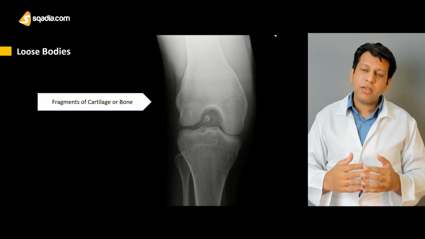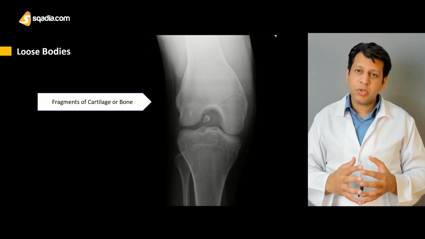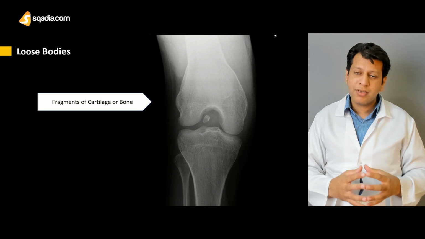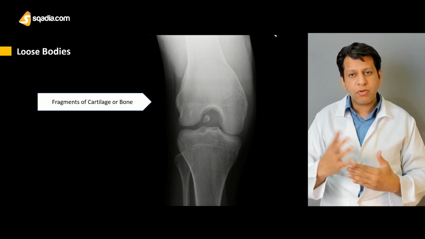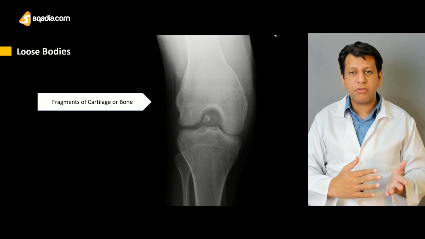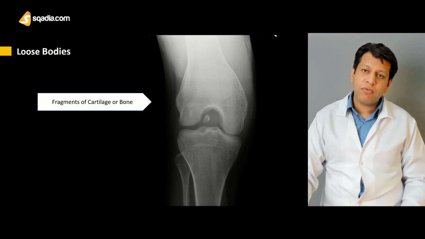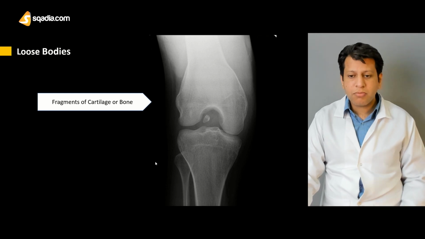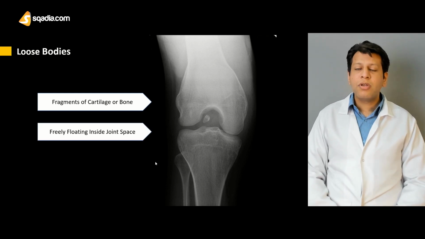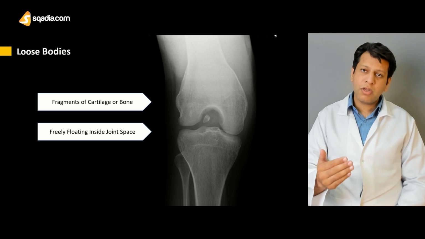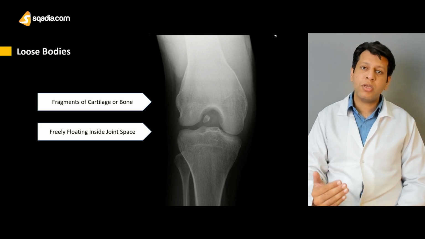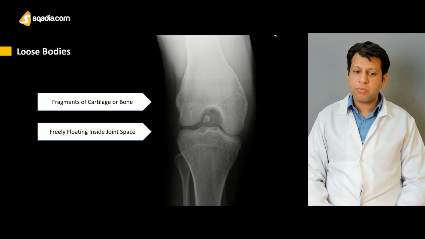But if you see a lot of arthritis in the knee joint and osteophyte formation, there's every possibility that one of the osteophytes may have shed off and gone into the joint, leading to a bony loose body. Therefore, even on x-ray, it's very difficult to differentiate whether this is purely cartilaginous, bony, or a mixed picture.